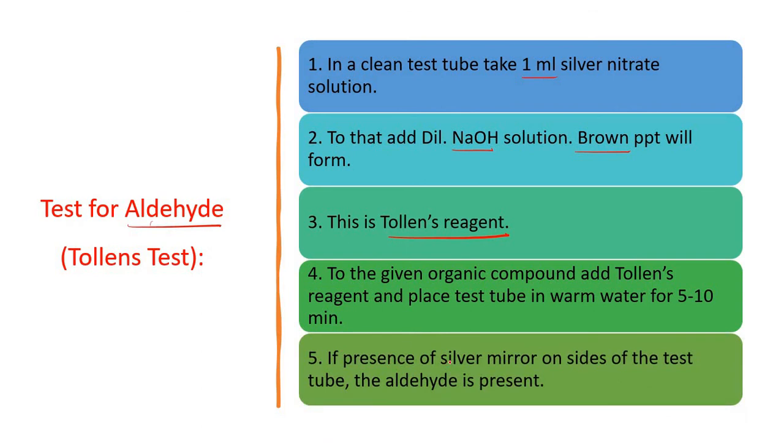If there is a silver mirror on the sides of the test tube, then the aldehyde is present. This is also called the silver mirror test. So this is the test for identification of the aldehyde functional group, that is the Tollens test.